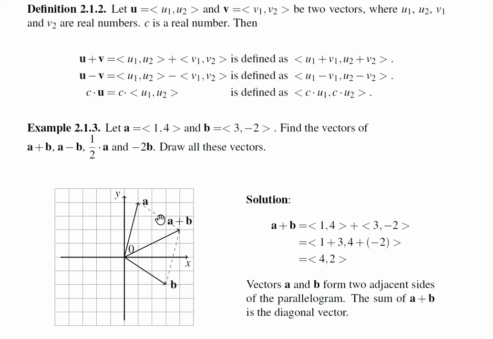So if you look at this triangle, this is vector A. This dotted vector will be equal to vector B, and then the sum of the vectors will be this vector. Okay, so the starting point is the same as the first vector, and the ending point will be the same as the second vector.